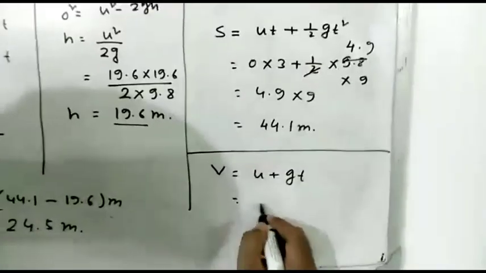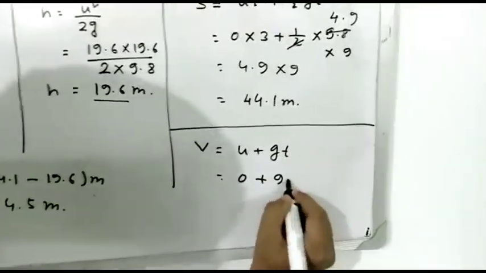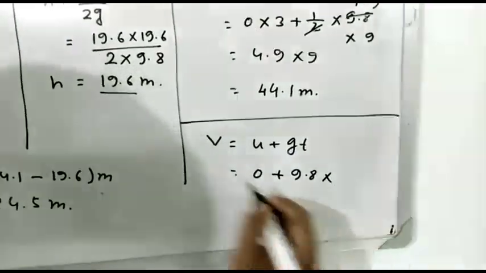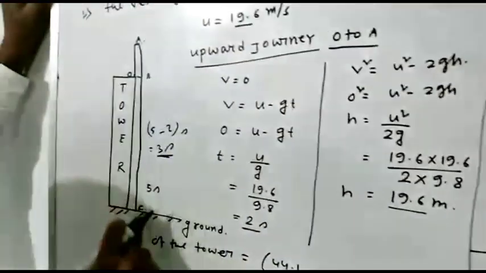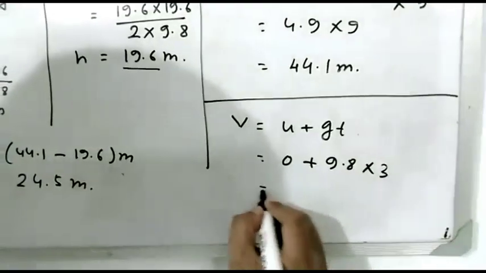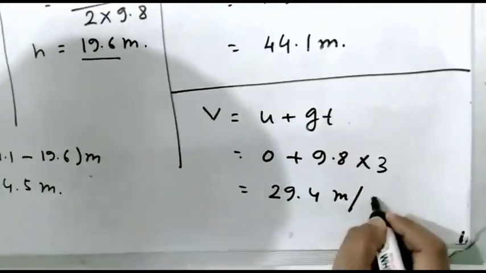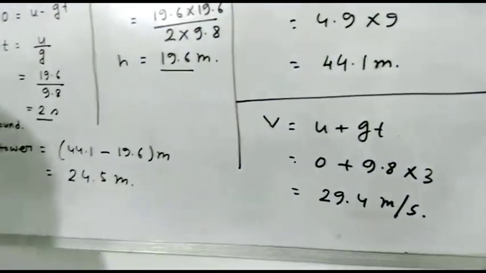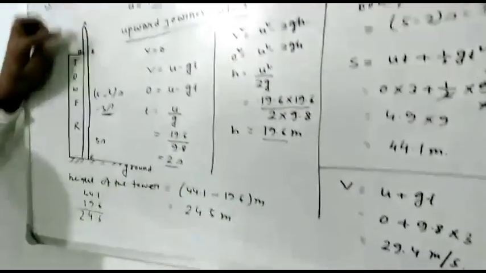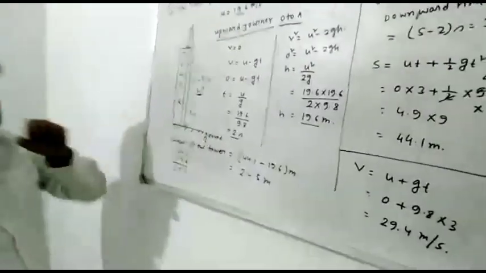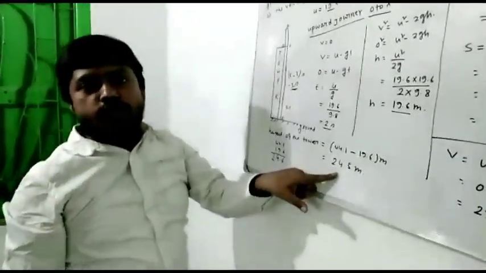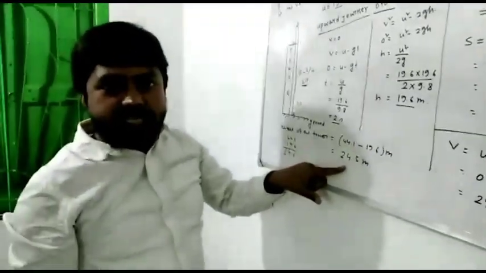So in place of u you can write 0 and g equal to 9.8, and the time taken from point A to point C is 3 seconds. So in place of t you can write 3, and if you multiply, that is equal to 29.4 meter per second. So the ball touches the ground with this velocity, and the height of the tower is 24.5 meter. Is it clear, students?